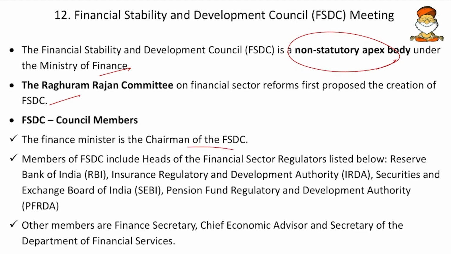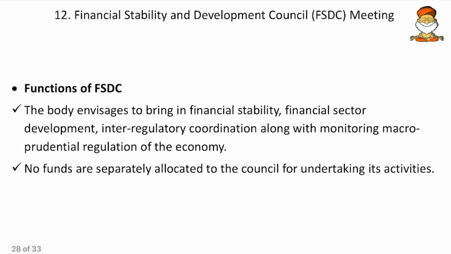The members include the heads of the financial sector regulators, that is the RBI, IRDA, SEBI, PFRDA, and other members are the Finance Secretary, Chief Economic Advisor, and Secretary of the Department of Financial Services. So these are the members. Just have a look at it, because FSDC was once asked in the prelims also.